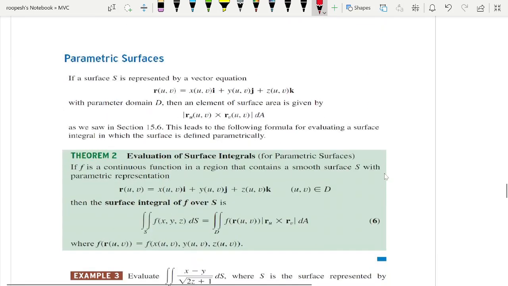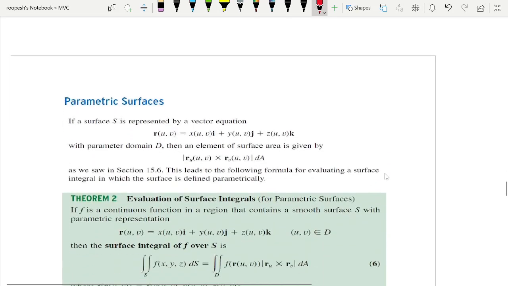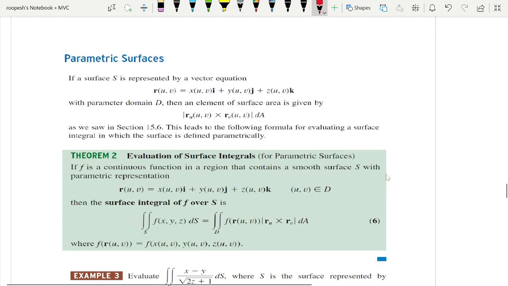Okay. Now parametric surfaces. Hope you understood the previous problem. If a surface S is represented by a vector form r(u,v) equal to x(u,v) i plus y(u,v) j plus z(u,v) k, when you are representing a surface like this, we will say that it is in parametric form.